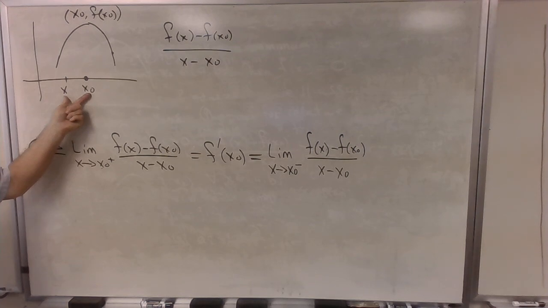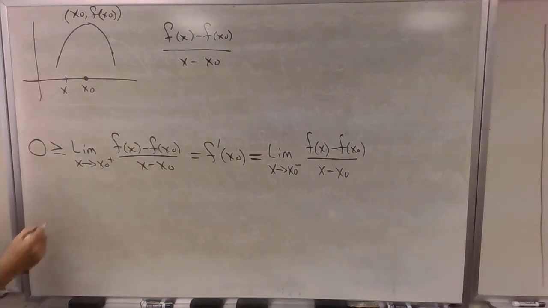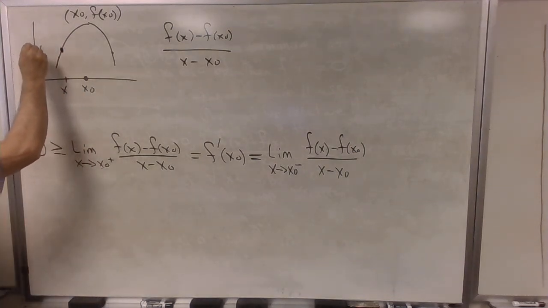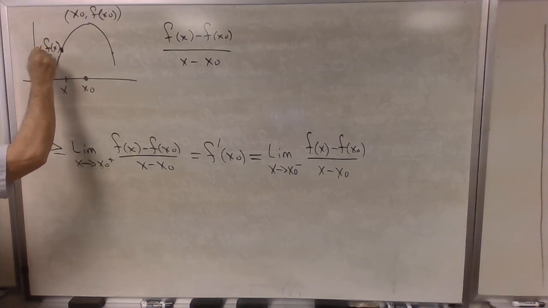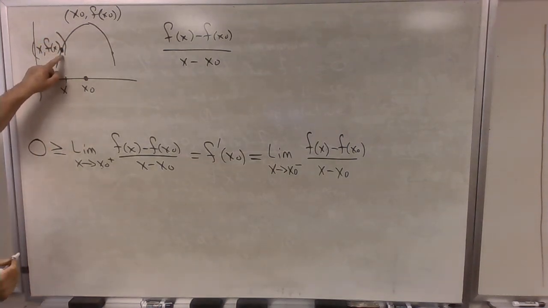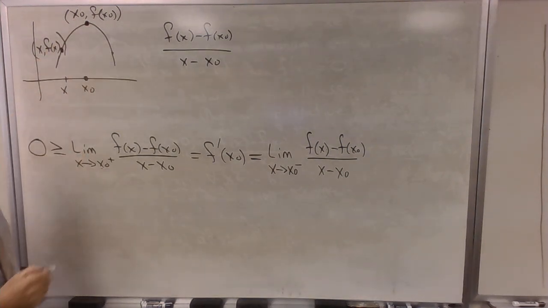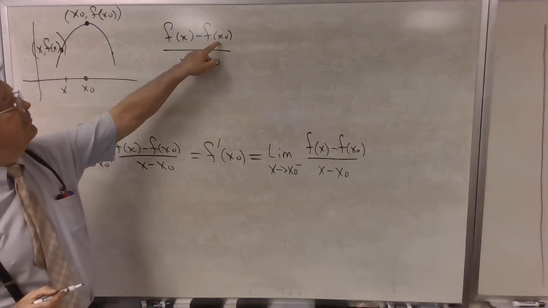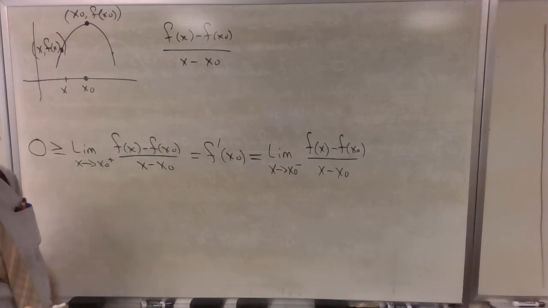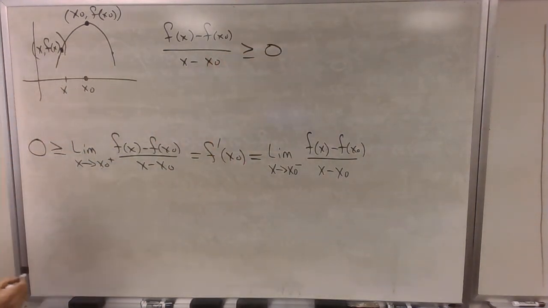X is less than x naught, so x minus x naught is negative. And f of x is less than f of x naught. So f of x minus f of x naught is negative. In other words, the top is negative, the bottom is negative. So the whole thing is positive.